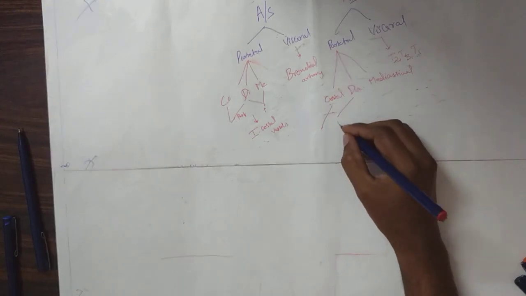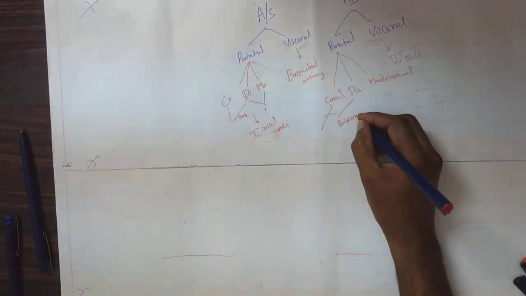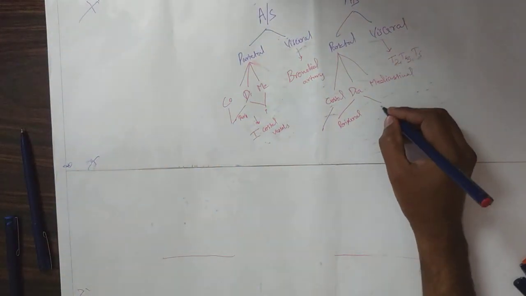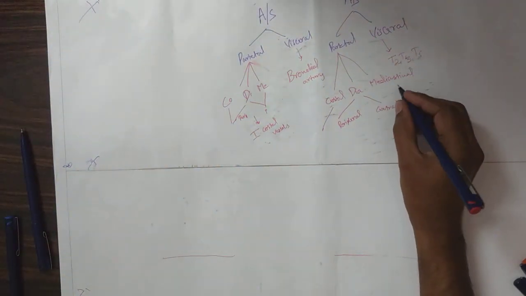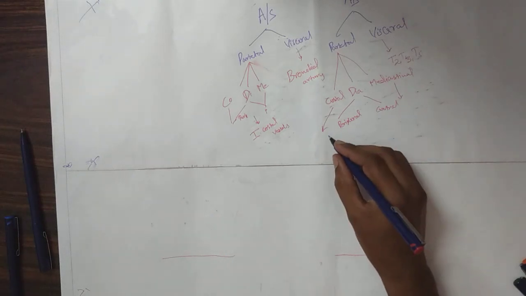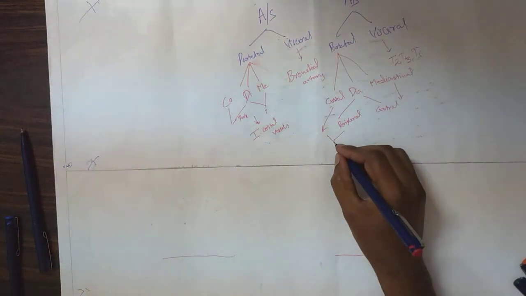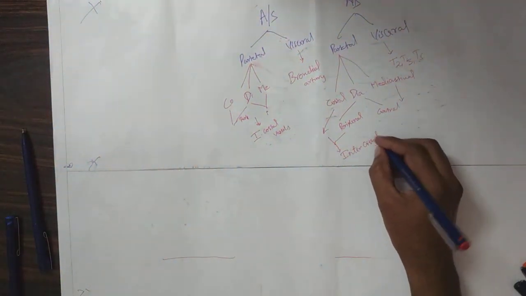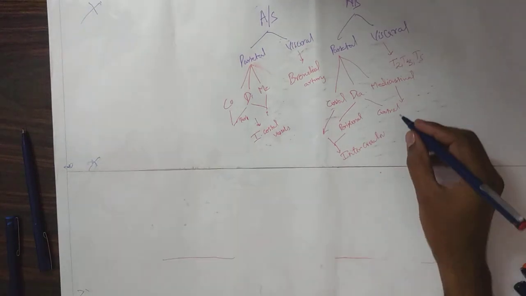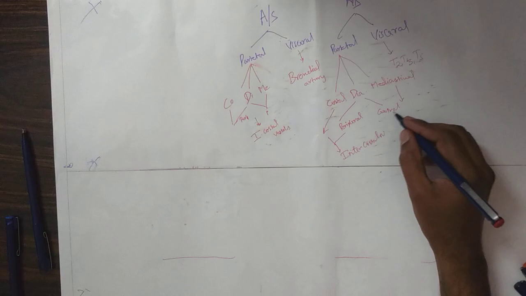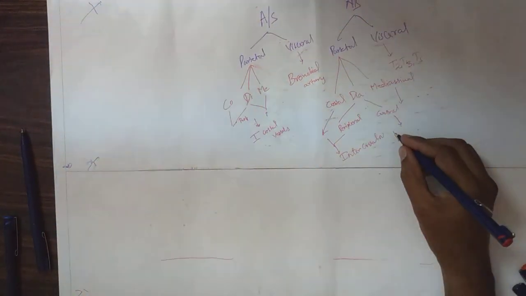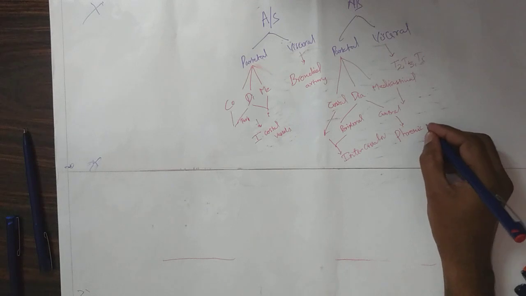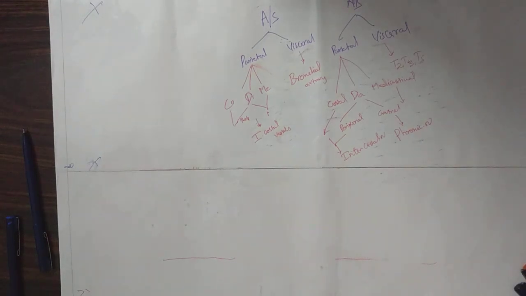Costal and the peripheral part of the diaphragmatic pleura have one nerve supply, and the central part of the diaphragmatic and the mediastinal pleura have another. The costal and peripheral diaphragmatic are supplied by the intercostal nerves, which we get in the intercostal space. The central part of the diaphragmatic pleura and the mediastinal pleura are supplied by the phrenic nerve. So that is the arterial and nerve supply of the parietal and visceral pleura.